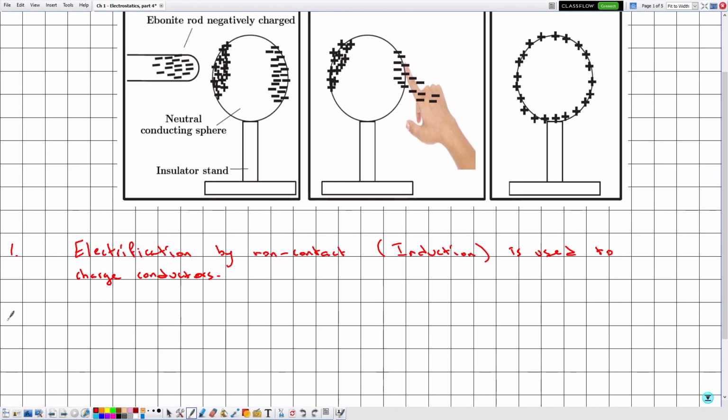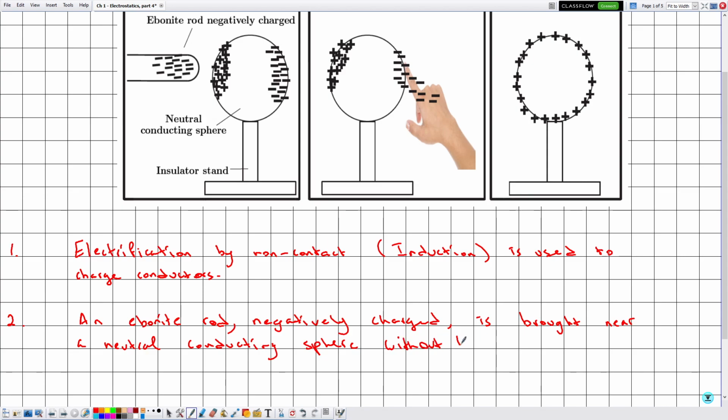Now in number 2, an ebonite rod, negatively charged, is brought near a neutral conducting sphere, and let me say also, if you want, without being in contact.